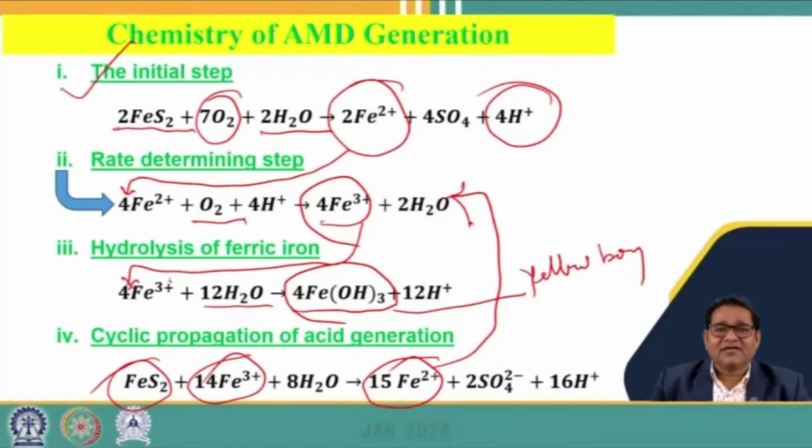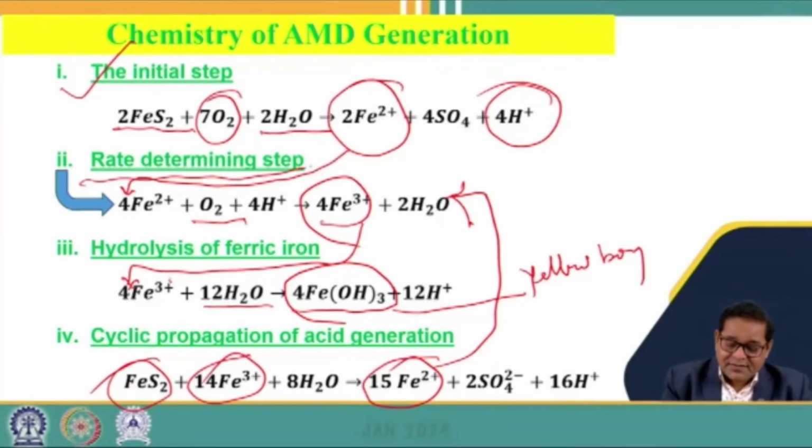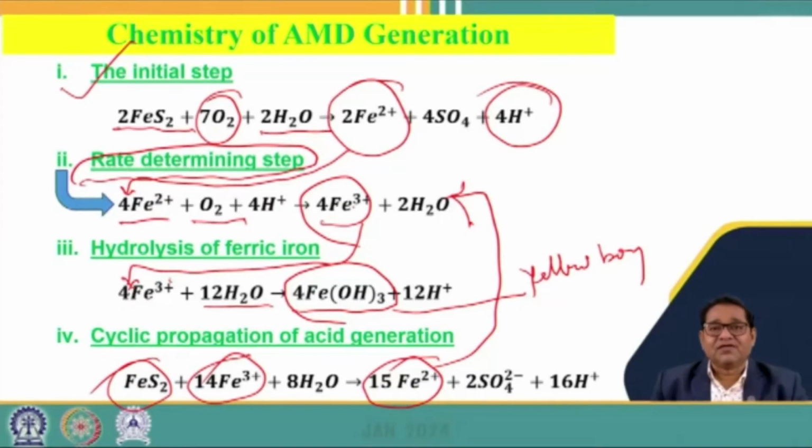So this is like cyclic propagation of acid generation, and in that, if we see, the rate limiting step is the second reaction, that is conversion of Fe2+ to Fe3+, because this Fe3+ again gets hydrolyzed to form this Fe(OH)3, and again it reacts with the FeS2 to produce this Fe2+.